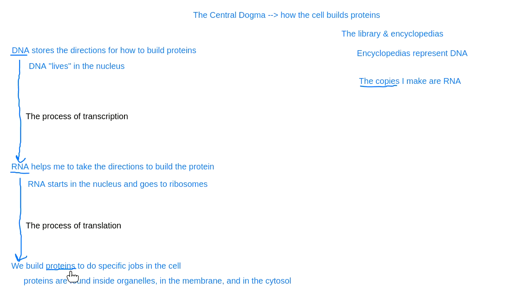So up here, we figured out that our encyclopedias are representing DNA, all the information I could ever need inside my cell. We've said that when we make copies, those copies are kind of like RNA because we're only copying the information that we actually want.